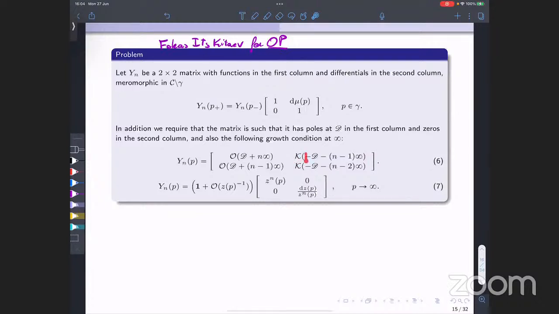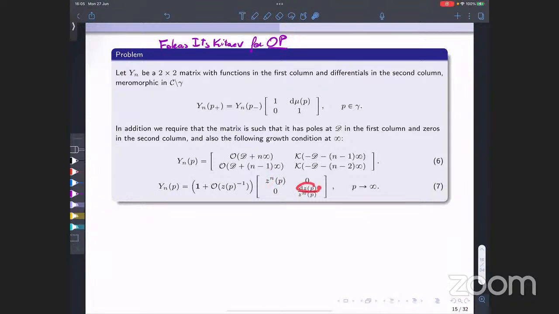They must have zeros at the divisor D and zeros at infinity of the indicated orders here. This is the order of zero. And then at infinity, this is the normalization where you use the local coordinate, right? And this z to the n sigma 3 is familiar to everybody in the orthogonal polynomial business.